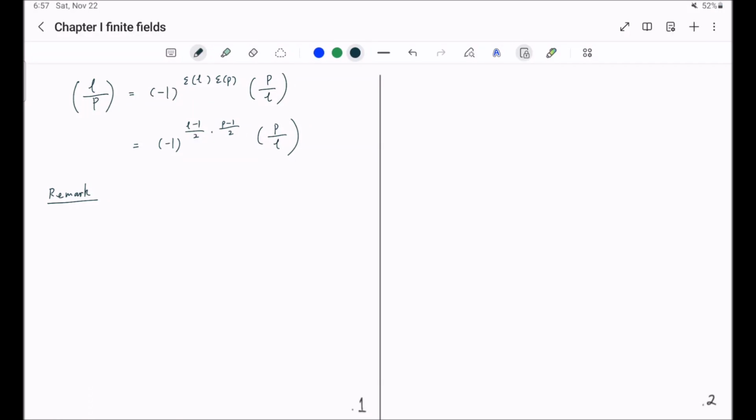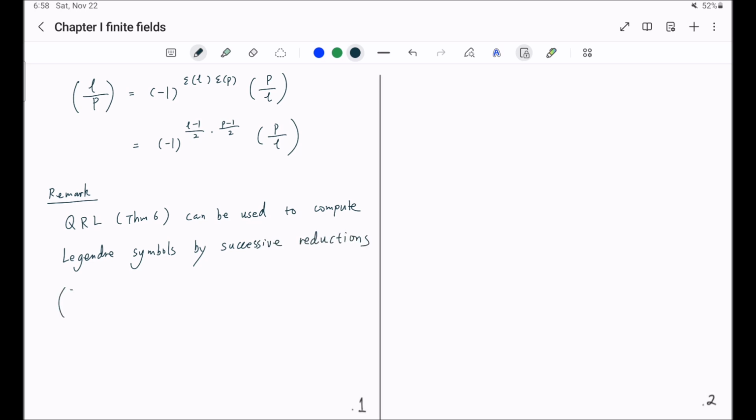One important application for the quadratic reciprocity law is that it can be used to compute the round symbols by successive reductions. For example, what is the value for 29 over 43, the round symbol? To compute this, we just keep using the quadratic reciprocity law. We can first flip them.